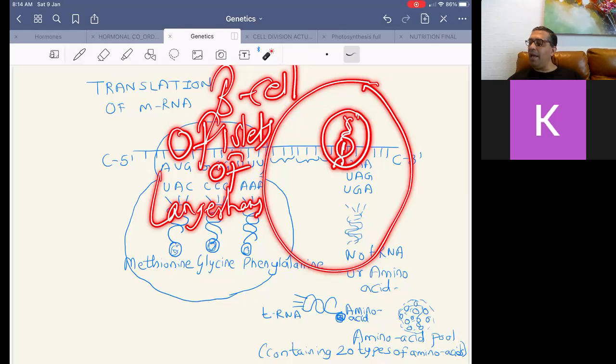And that mRNA went from the nucleus into the cytoplasm, towards the endoplasmic reticulum, into a ribosome.